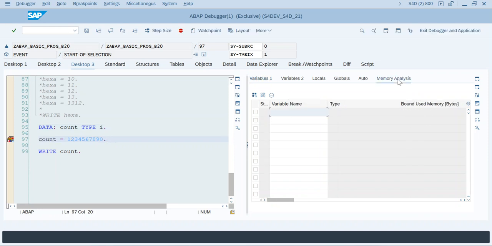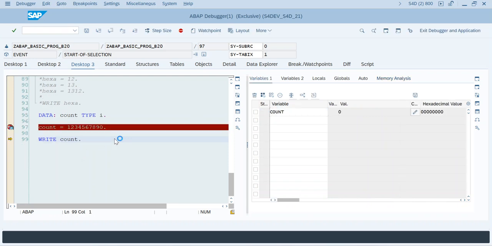If you go and check in the memory analysis tab, you will be able to see I of 4, integer of 4, and the allocated object memory is 4 bytes.